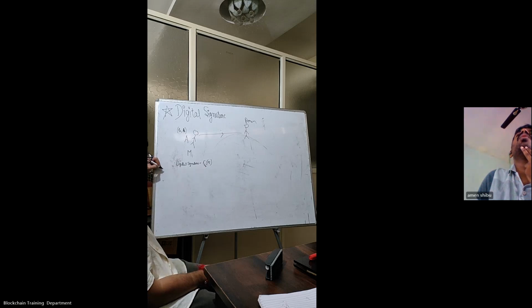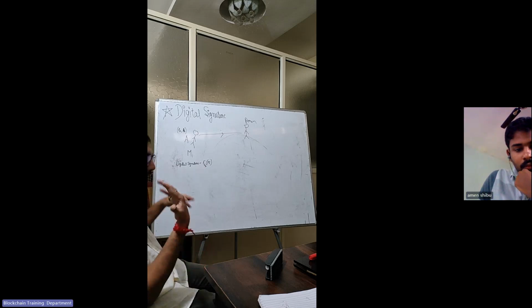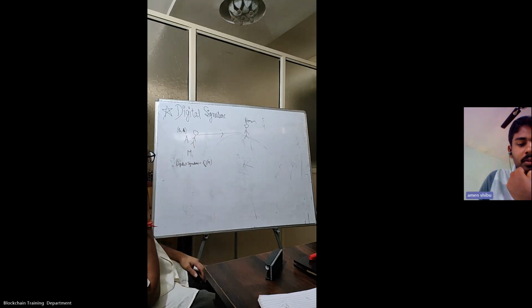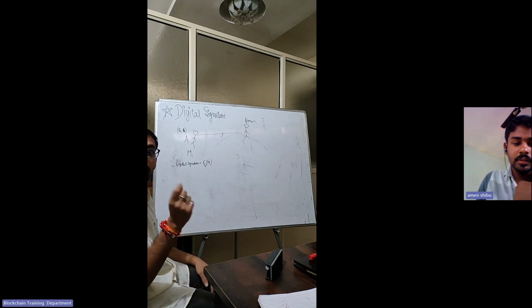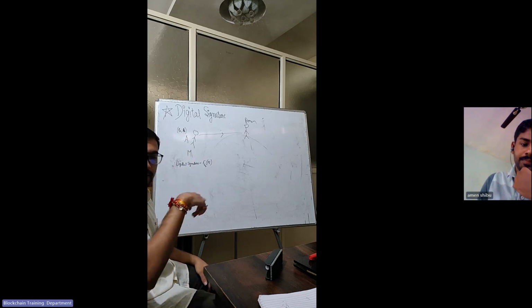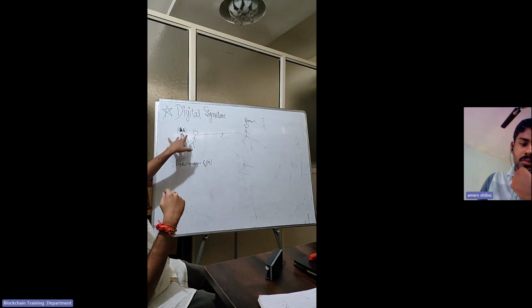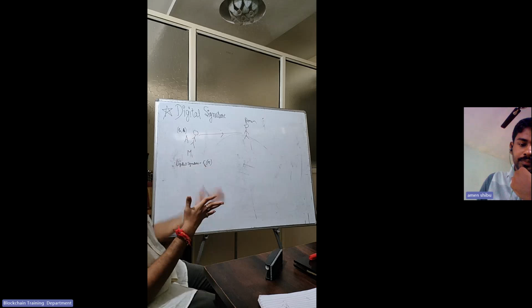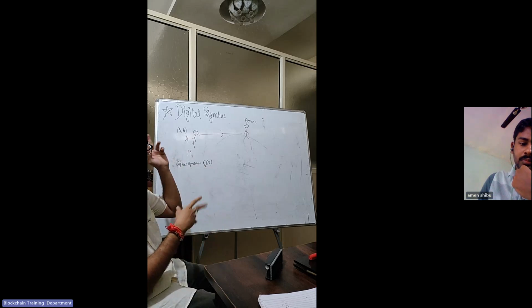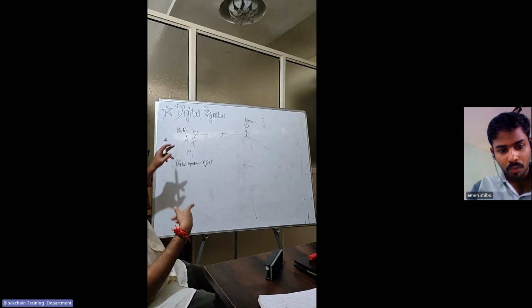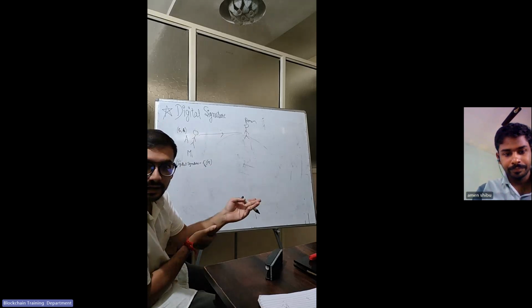In the other scenario, we were using the public key, but here we are using the private key. This is also asymmetric, because we are using PA and DA, but it is different. That was an asymmetric cryptographic system, but here it is an asymmetric digital signature.